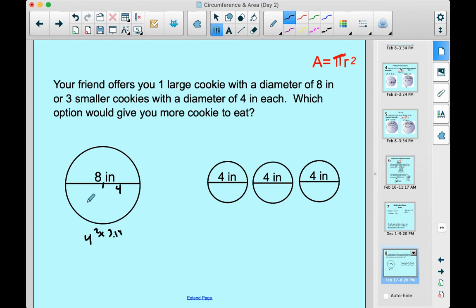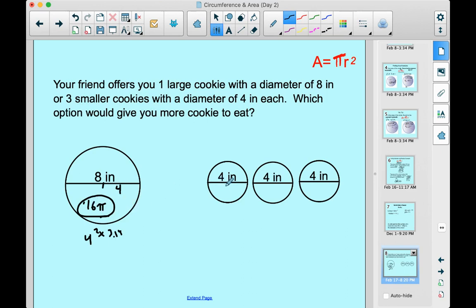So 4 squared is 16. So 16 times pi, or 16 pi, is the exact area. Anytime you're dealing with the exact area or circumference of a circle, you would need to have pi in it. Remember, if you use 3.14, it's not exact anymore. That's an estimate. But 16 times pi is exactly what this area is.